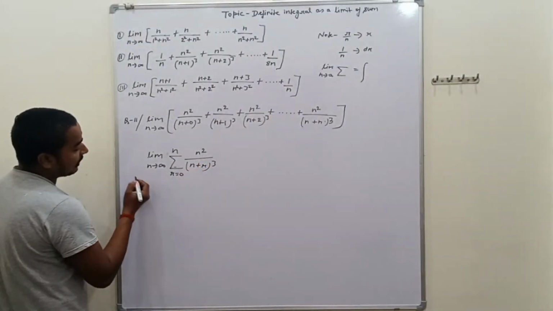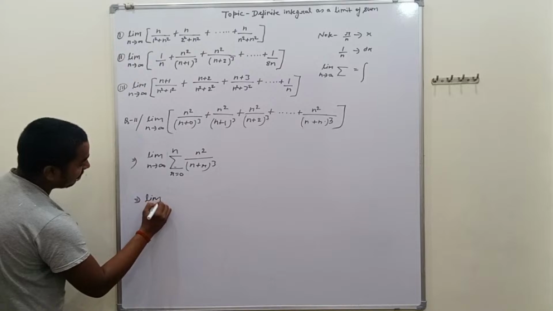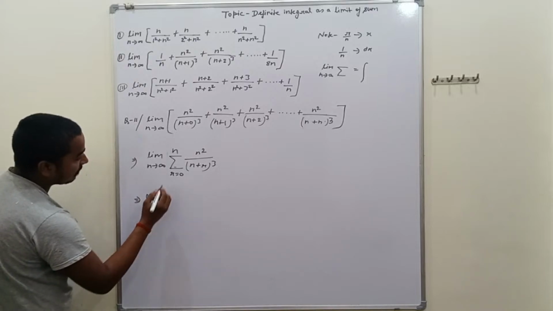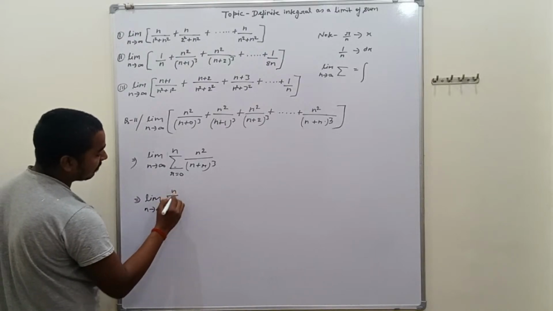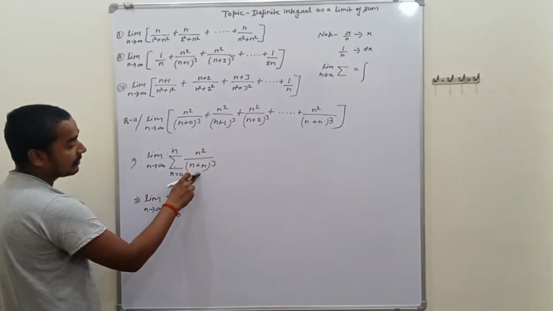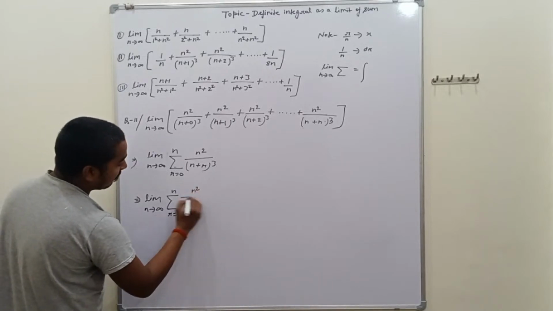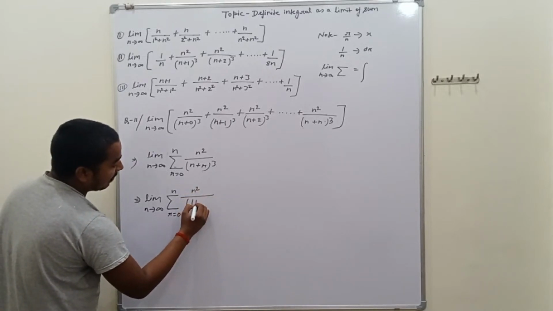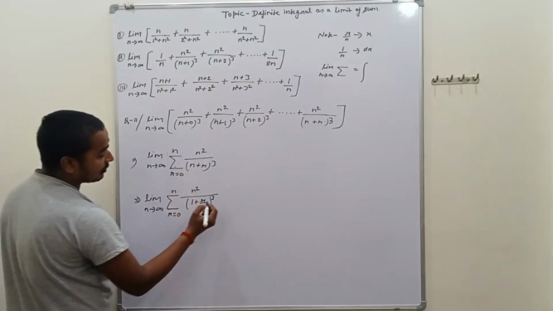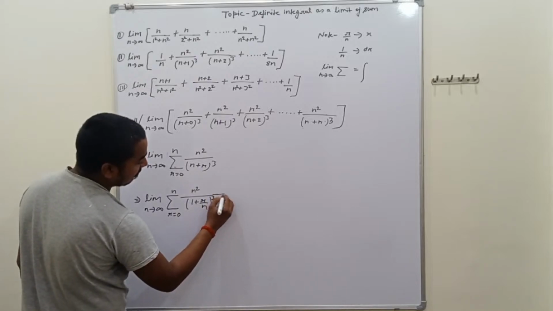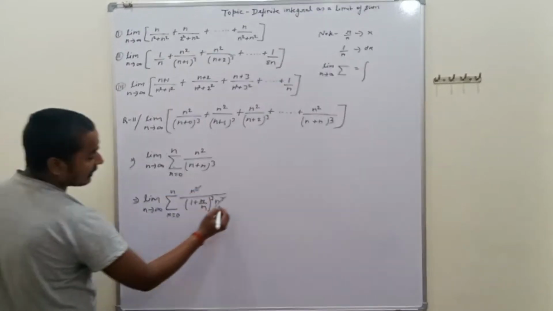Then from here we can also write, limit of n tends to infinity, summation of r equal to 0 to n, and taking n common from the denominator, that is n square upon 1 plus r by n cube, and we take n cube common, and from here n cube and n square cancel out, remaining is n.